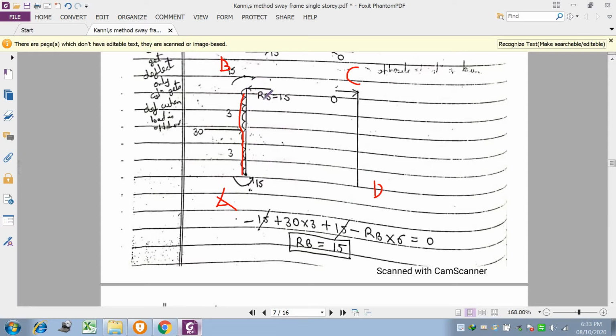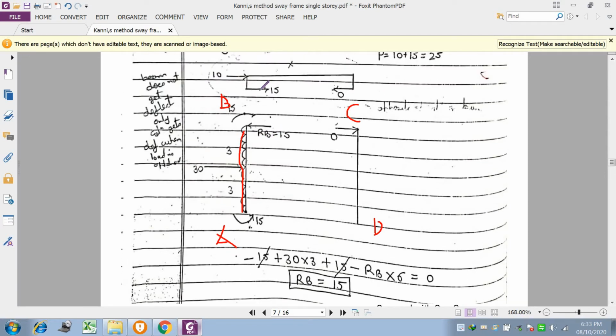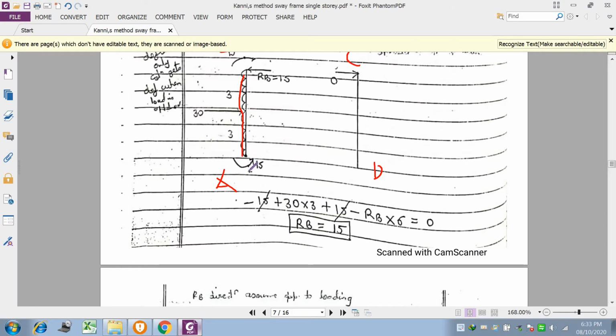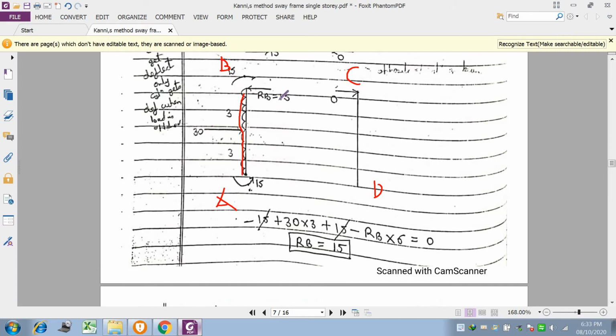What we have to do is calculate RB first, because this reaction RB will be transferred to this point. Summation of moment at point A gives minus 15, then 30 into 3, plus 15, then minus RB into 6. So RB will be equal to 15 kilonewton.